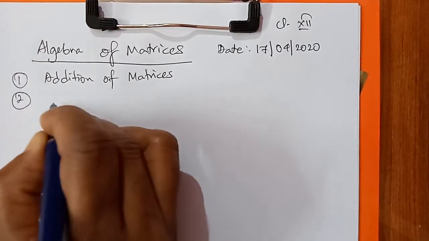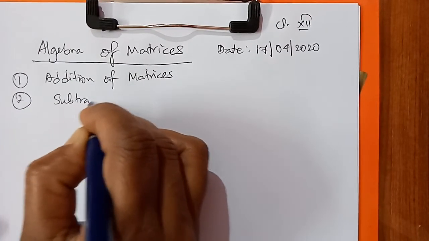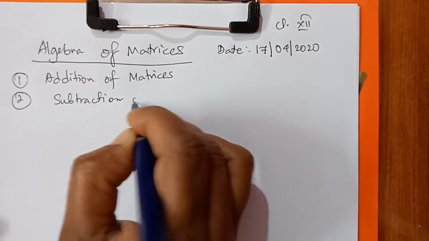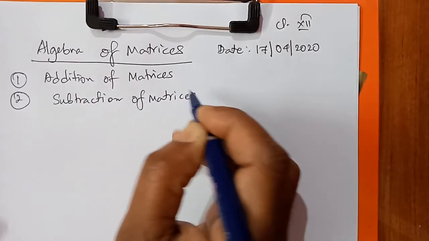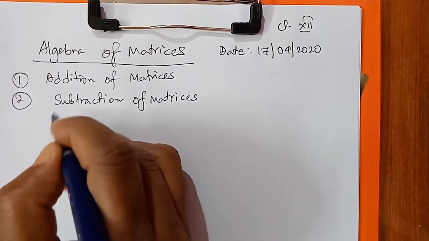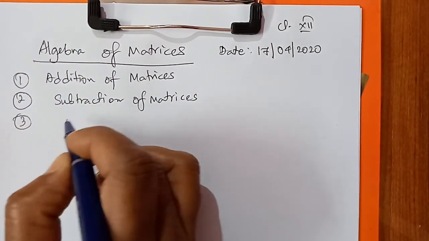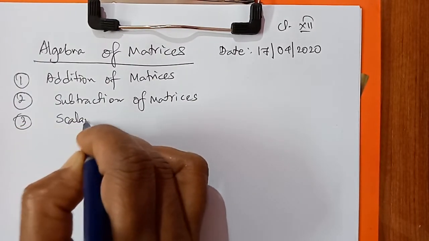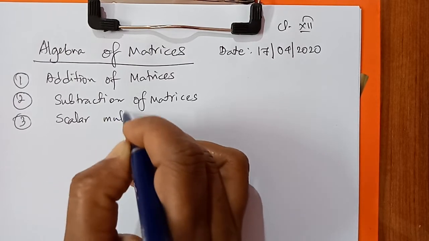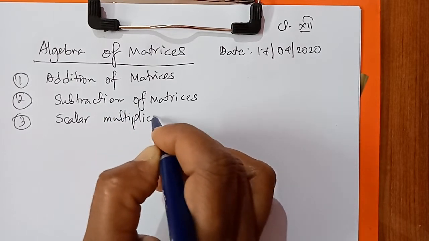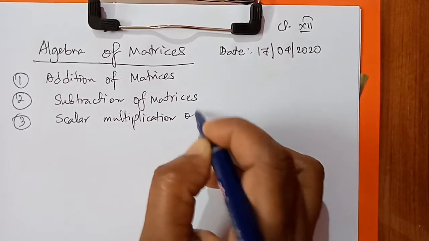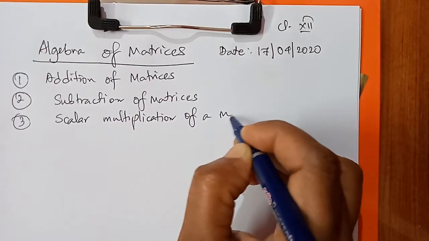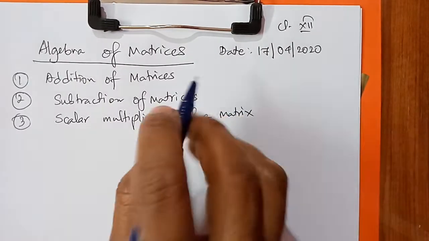Second will be the subtraction of matrices. Third one is scalar multiplication of a matrix.